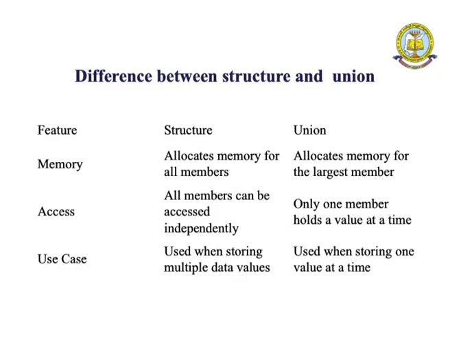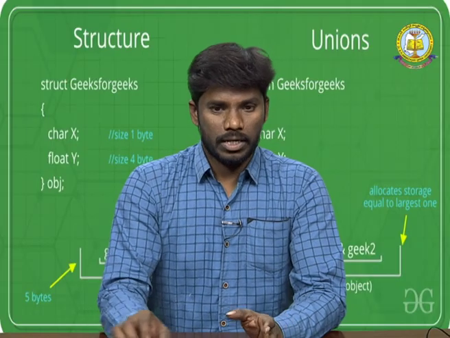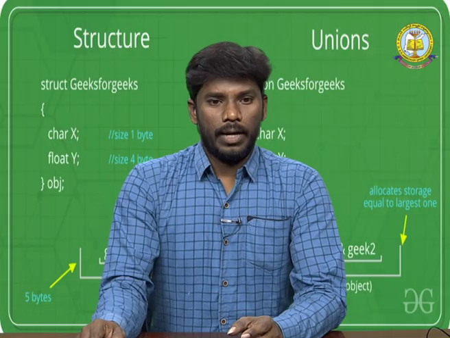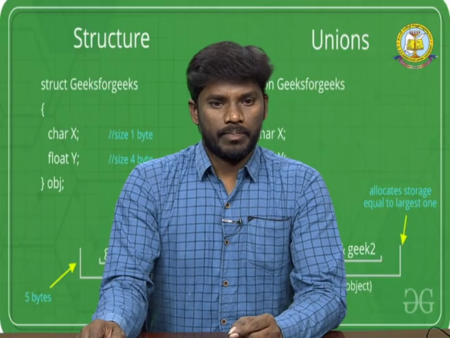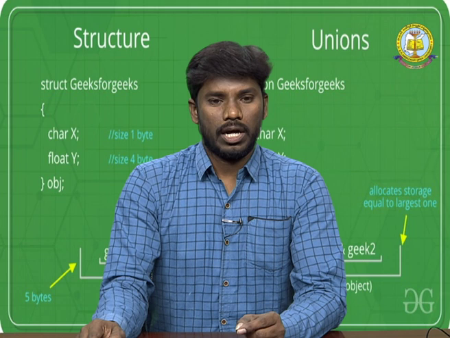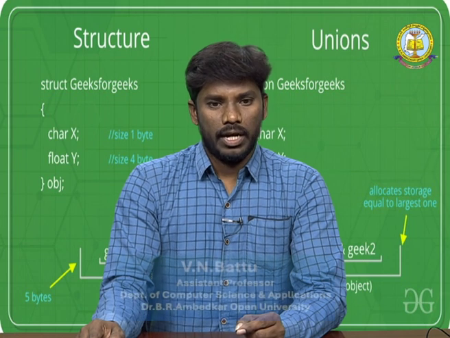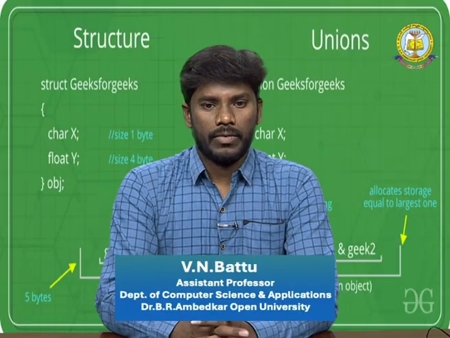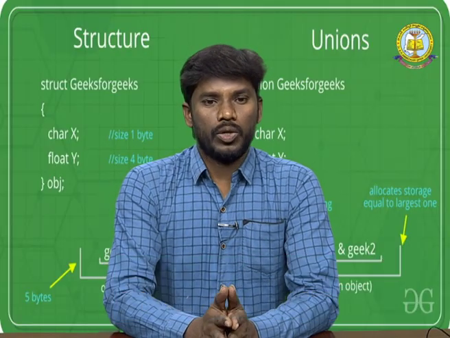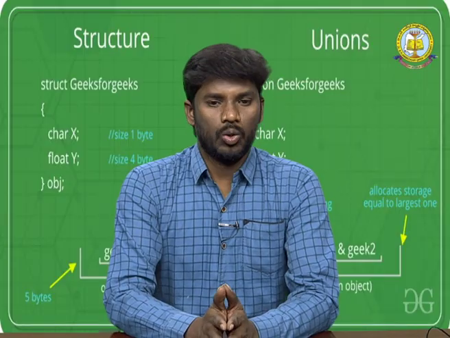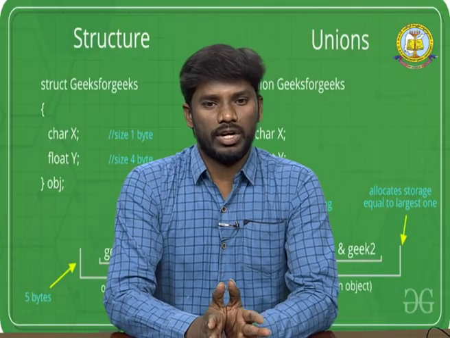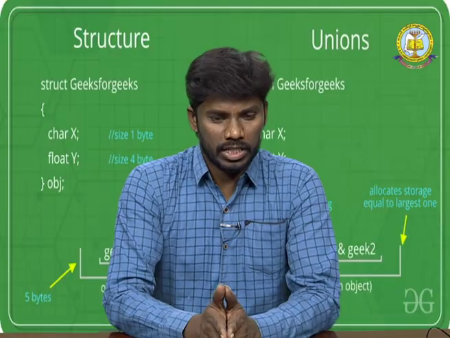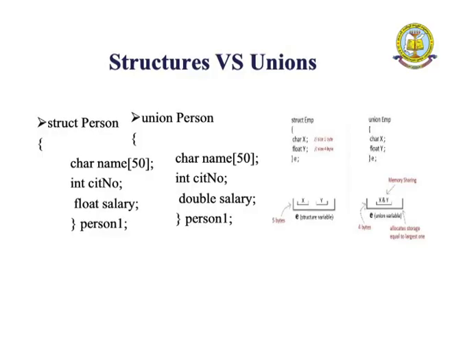These are the differences. So, dear students, we have discussed today what we mean by a structure, how to declare a structure, how to create structure variables, and what the advantages of structures are. We also covered what a union is, the various ways to access structure and union members, how to declare unions, and what the advantages of unions are. And we have also seen the differences between structures and unions. The only difference is the memory allocation.